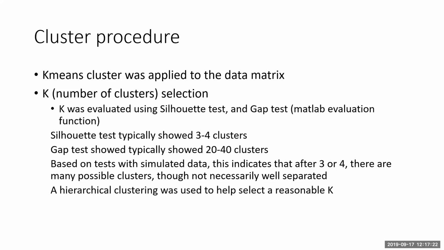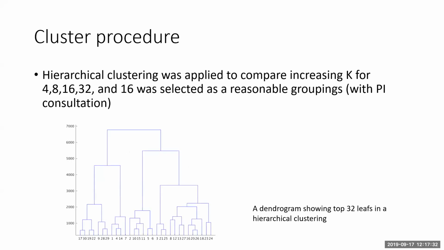So I ran a hierarchical clustering. I ran this with the PIs, we did some evaluation, and we said, okay, let's select a reasonable k. So we selected 16 as a reasonable grouping. I'm showing you the dendrogram for the hierarchical clustering. You can look at 16, which is a cutoff right around 1,000 on the vertical axis.